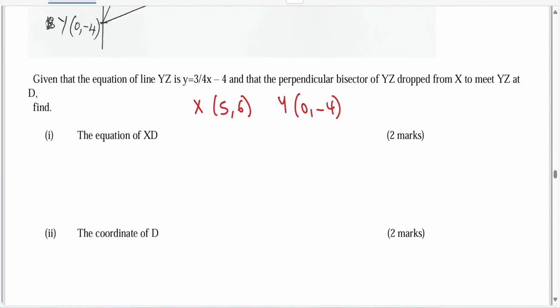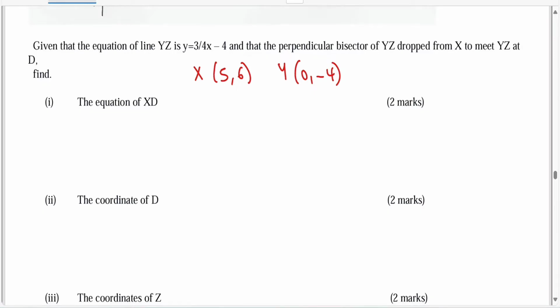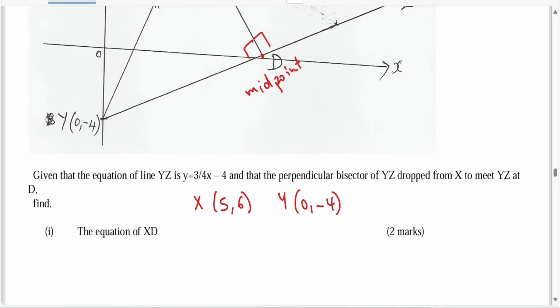So find, given that the equation of line XY is y equal to 3/4 x minus 4, and that the perpendicular bisector of YZ is dropped from X to YZ at D. So I've shown you the perpendicular bisector itself. So find, Roman 1, the equation of XD.